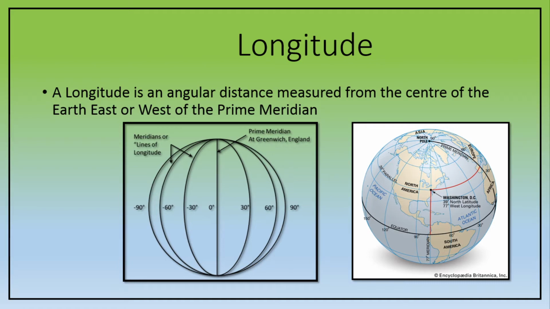A longitude is an angular distance measured from the center of the earth, east or west of the prime meridian. So, suppose I keep the protractor over here, that is, on the center of the earth.